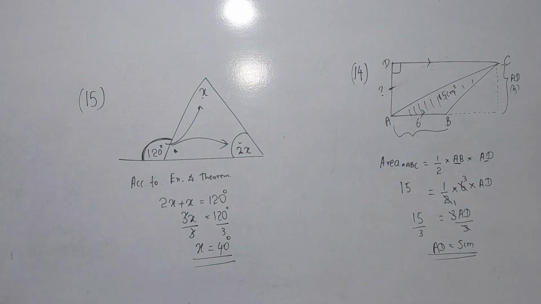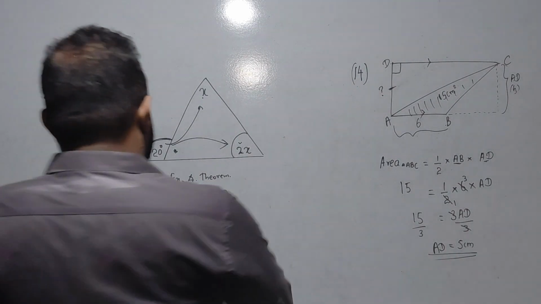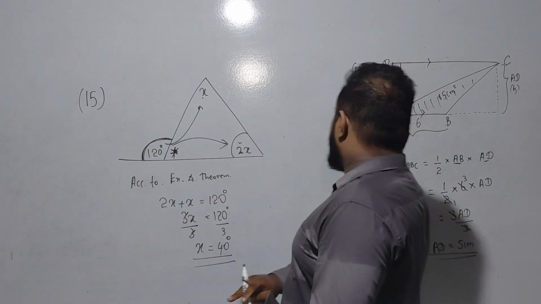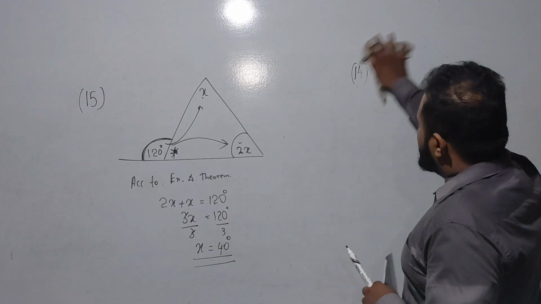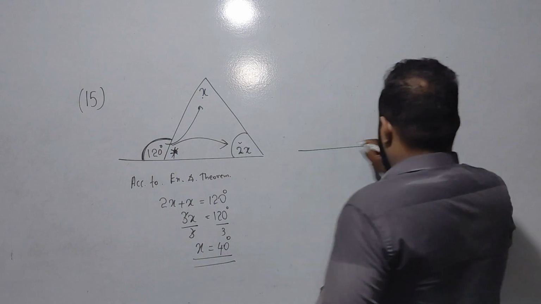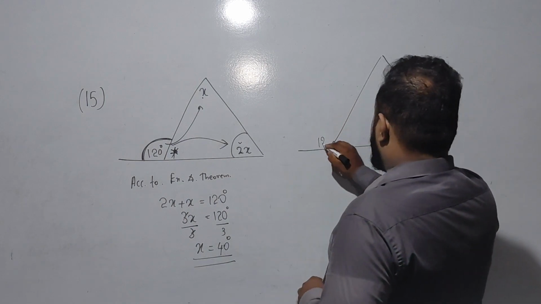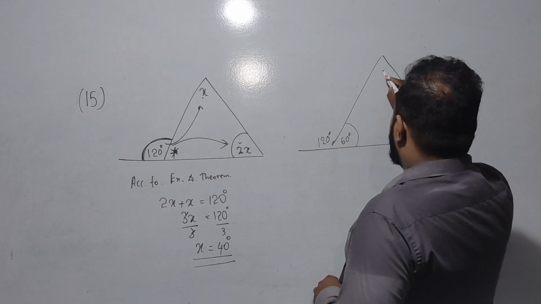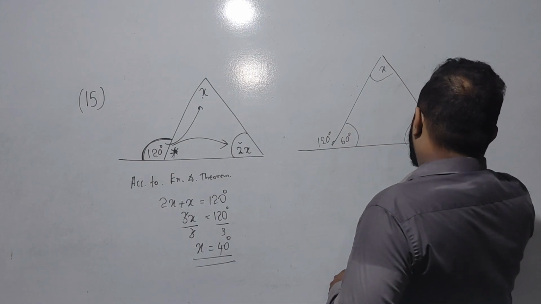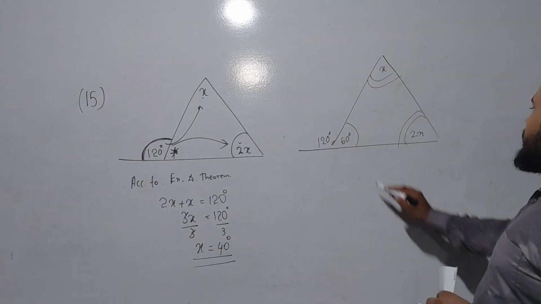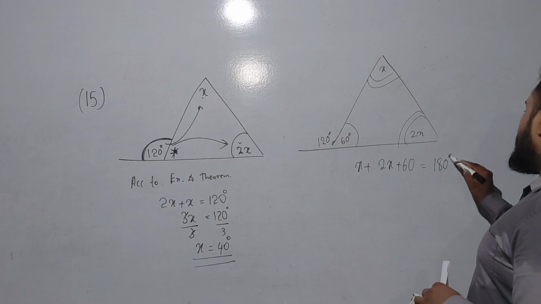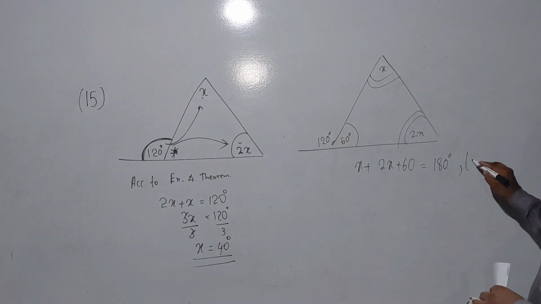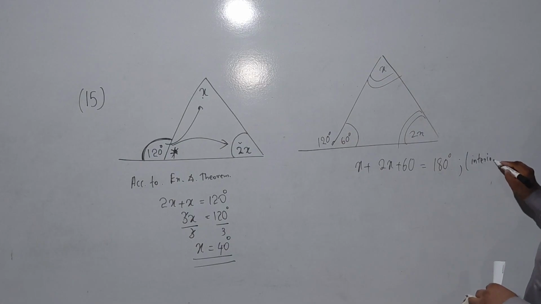That's one method. If not, you can find this straight angle value and write it as the interior angle sum of a triangle, like this. If this is 120, this is 60 degrees, this is x and this is 2x. Now you can write x plus 2x plus 60 equal to 180 degrees. This is according to the interior angles of a triangle.